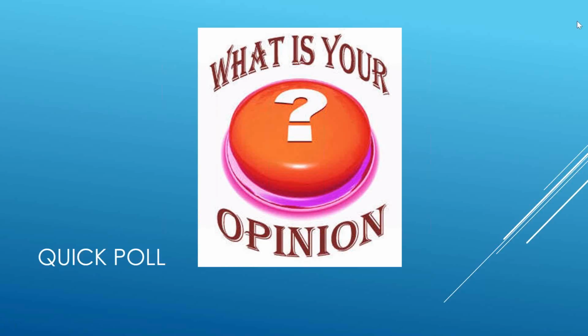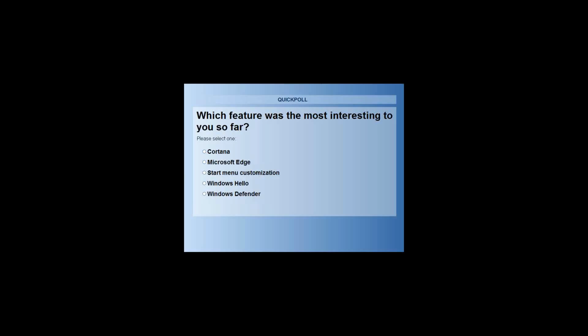Okay, so quick poll there, Henry, on what people's most intriguing feature is for them. And again, we'll give everybody a couple minutes to vote on what they thought was the most interesting feature so far.